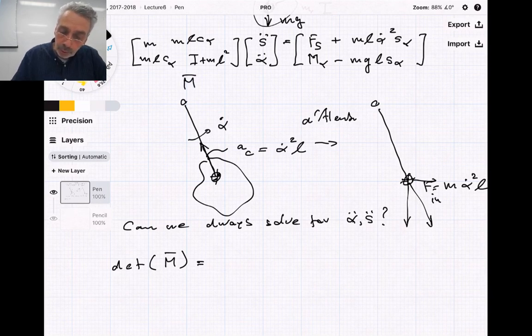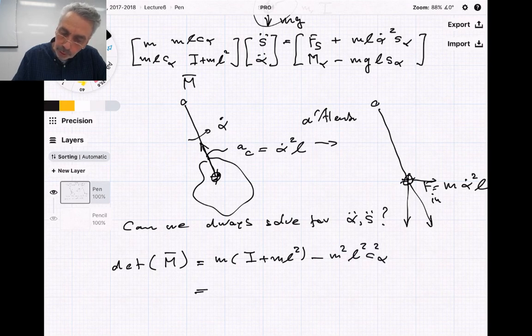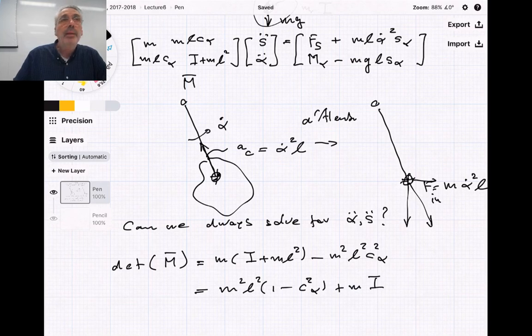And that comes down to m times I plus m L squared minus m squared L squared cosine squared alpha. Or again you can write m squared L squared times 1 minus cosine squared alpha, but you get another term plus m I. And yes, this one is of course 0 for alpha is pi over 2 or something like that.